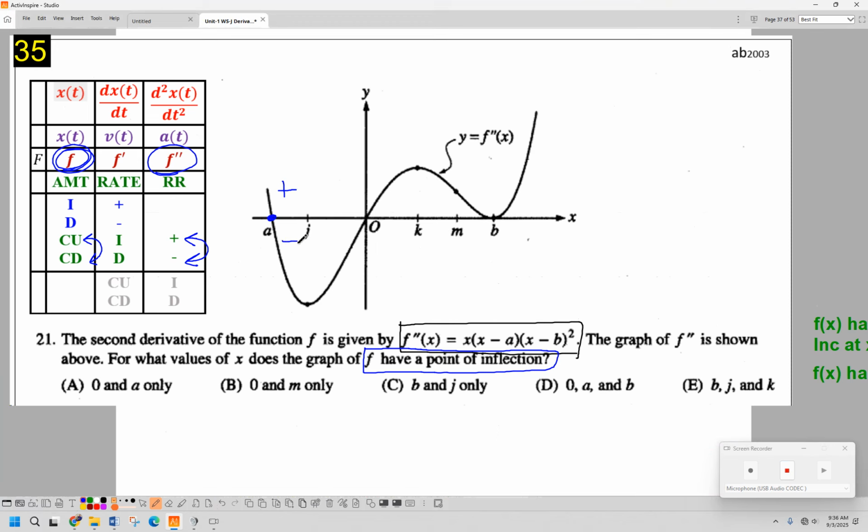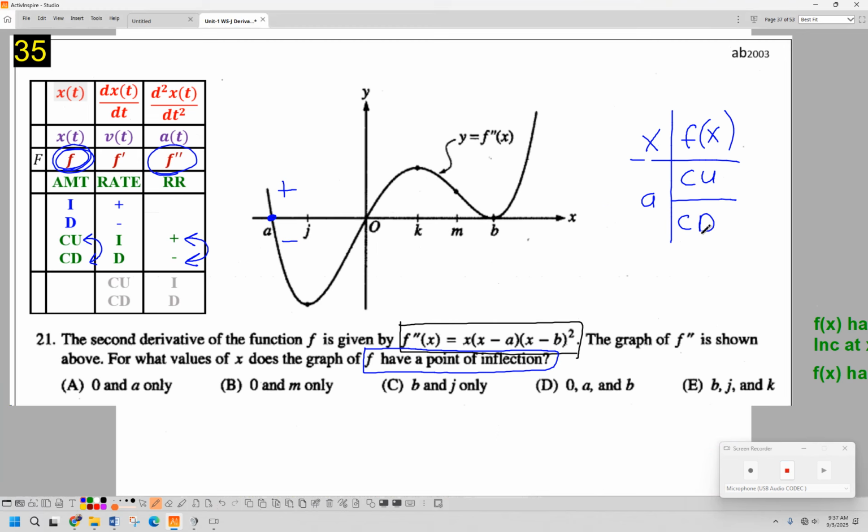That means if I were looking at the graph of f, which I can't see, I would see at x equal a that just before x equal a, f of x would be concave up. Then just after x equal a, f of x would be concave down.